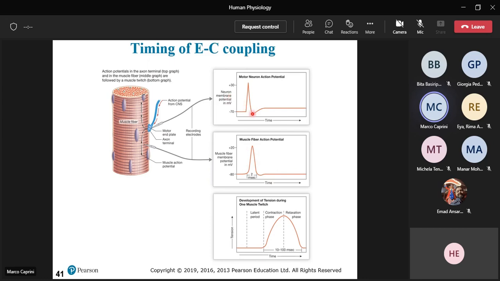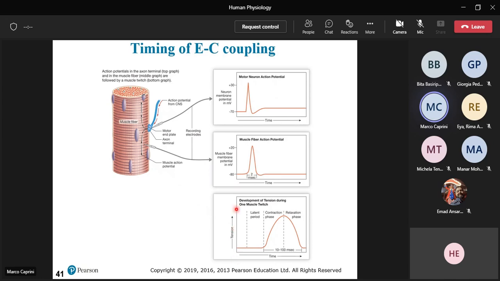The somatic action potential in the upper panel here is followed by the skeletal muscle action potential measured here. But the action potential in the skeletal muscle in turn is followed by the skeletal muscle contraction. And the skeletal muscle contraction is not measured by a depolarization, but is measured by a tension, okay, a force.